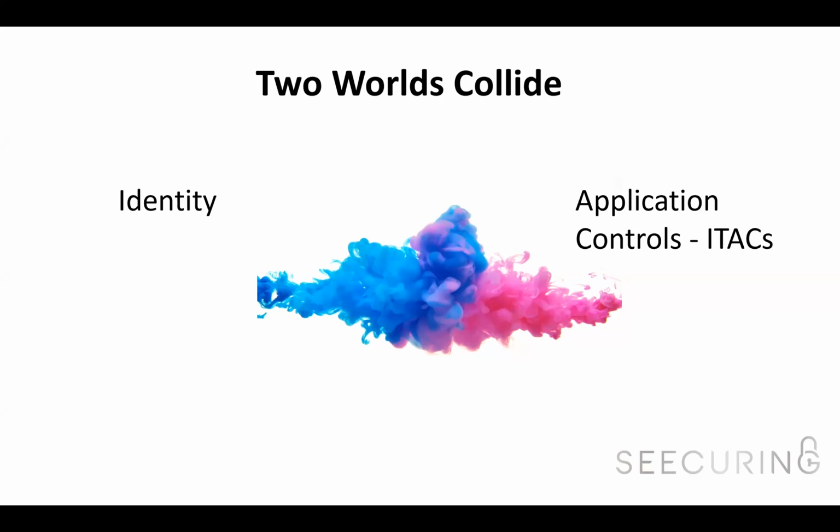Traditionally, on the right, we think about ITACs as something to do with Sarbanes-Oxley or GDPR, compliance legislation around financials and data. And on the left is around securing our enterprise, making sure the right people are coming in with the right privileges to the services and applications. And what's happening, and what has happened if you're using these provisioning solutions, is that these two worlds are colliding or have collided. And we're going to get into that today.